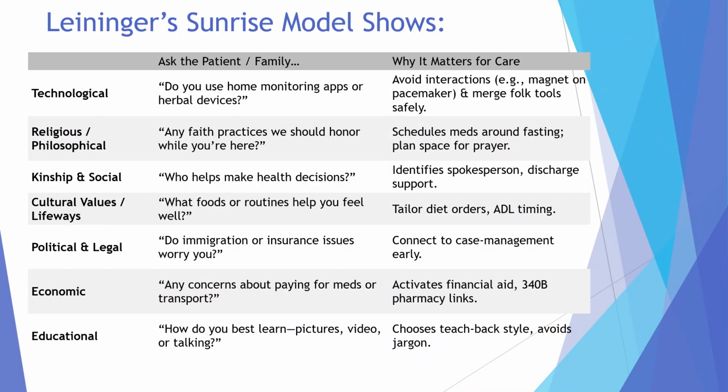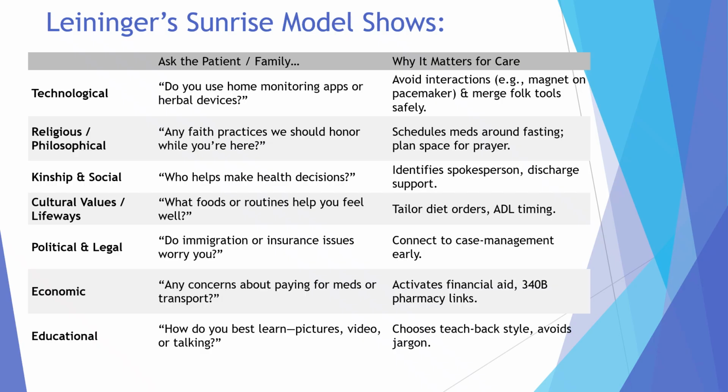Go over the Leininger Sunrise Model, which shows technological, religious, philosophical, kinship and social, cultural values and life ways, political and legal, economic and educational factors.